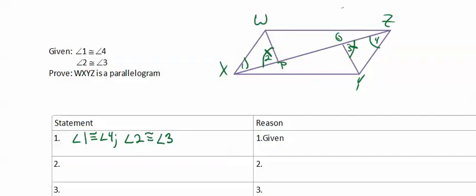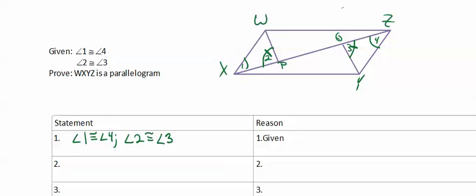Let's look at the first example. If we're given the following diagram and the information that angle 1 is congruent to angle 4 and angle 2 is congruent to angle 3, we need to find a way to make this quadrilateral a parallelogram based on one of the 5 reasons that we just listed.